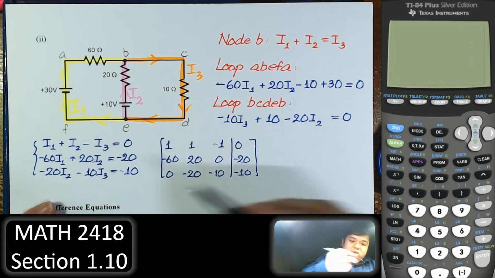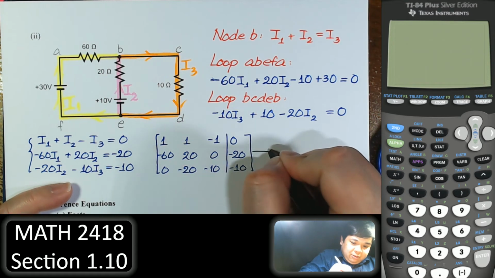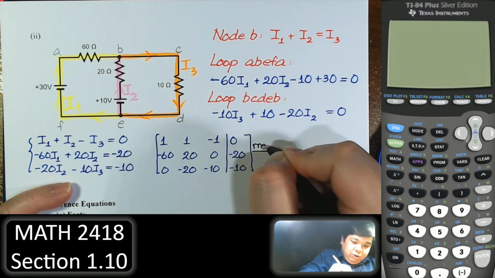Of course, we can just reduce all the zeros to simplify the equation. Reduced echelon form.